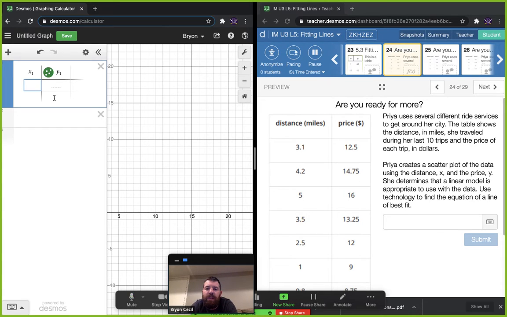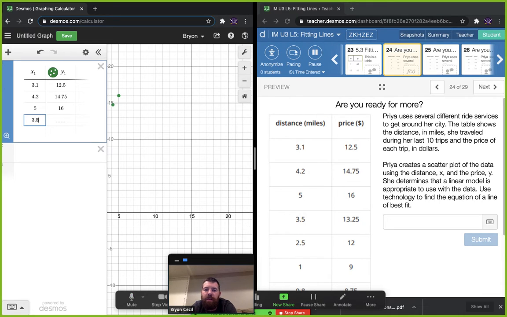We see that my distance in miles, so 3.1 and 12.5, 4.2 and 14.75, 5 and 16, 3.5 and 13.25, 2.5 and 12, 1 and 9.